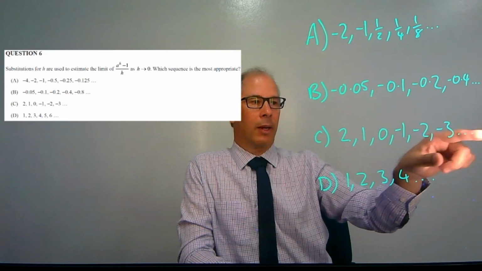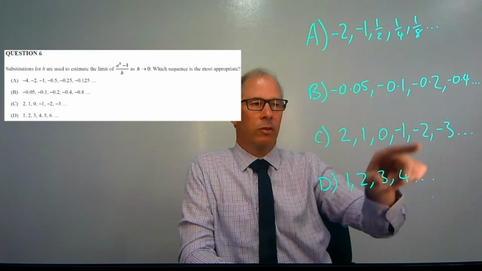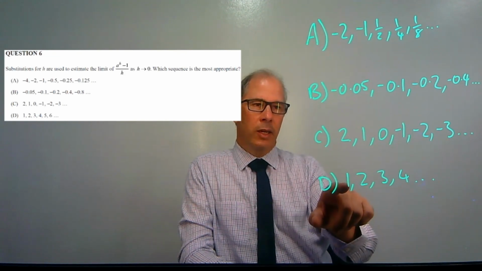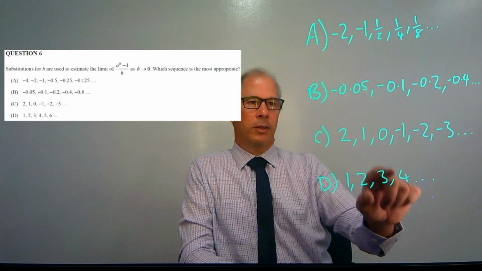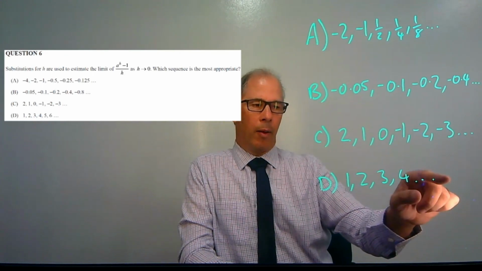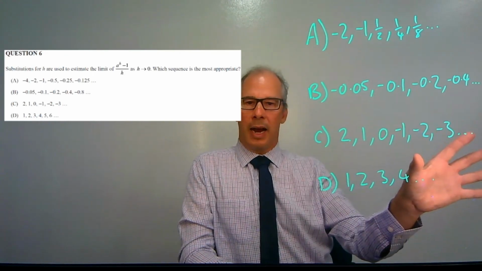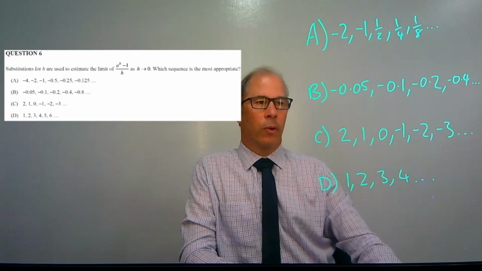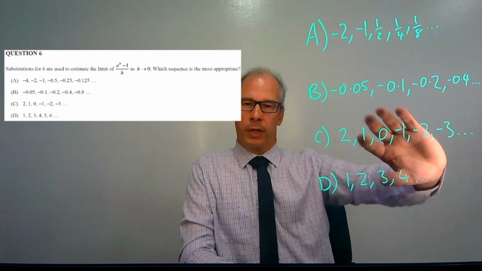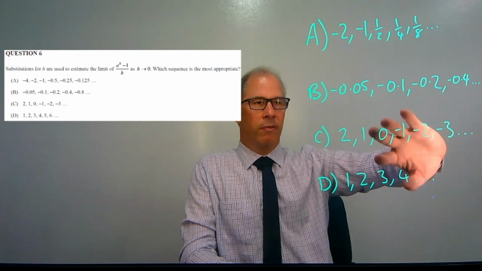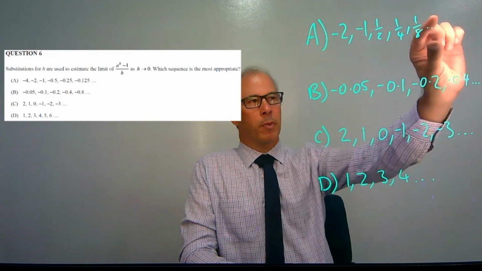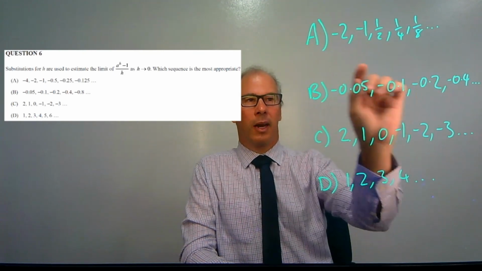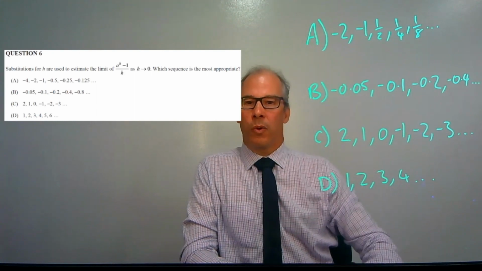So these numbers are going to get larger, but in that negative direction again. So that looks like it's approaching negative infinity. And D looks like it is approaching, similar to B and C, some infinitely large number, but this one's going to be in the positive direction. 1, 2, 3, 4. So these are all sort of approaching positive or negative infinity. The only one that seems to be approaching a particular value is A. So in this case, A is our correct answer.